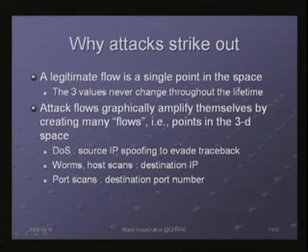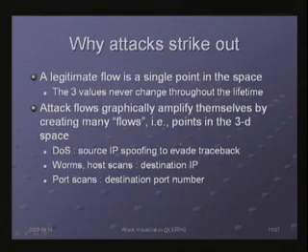Their coordinates come from their headers, in particular the source IP, destination IP, and destination port. They do not change over the lifetime of a connection. No matter how many packets you have in that flow, you could have a million packets to download a movie, but those three values remain the same, and every packet hits the same location in that space. So you get a single dot for a legitimate flow.